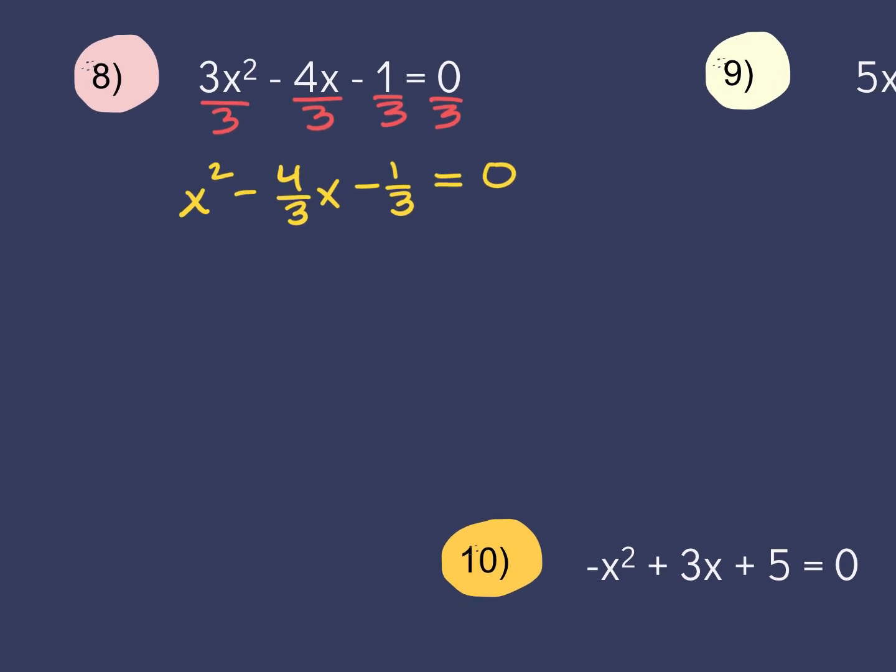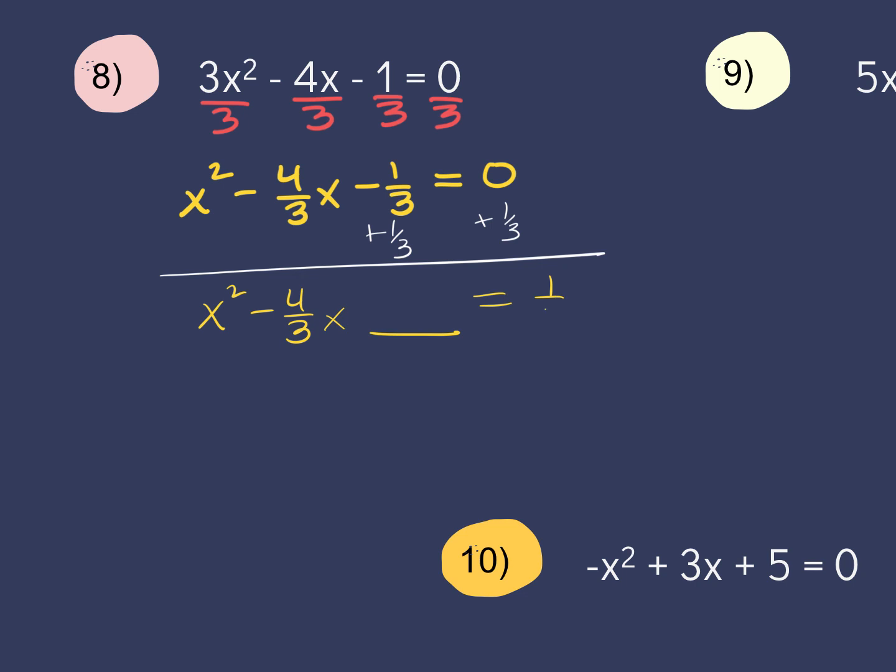I need to move the constant to the other side, so I'm going to add 1/3 to both sides.